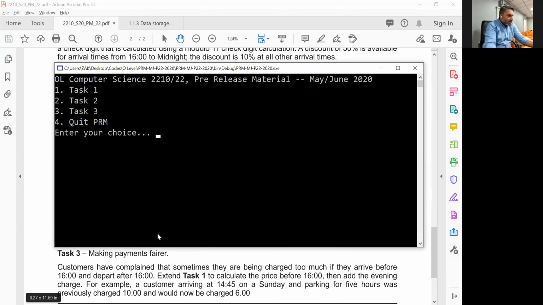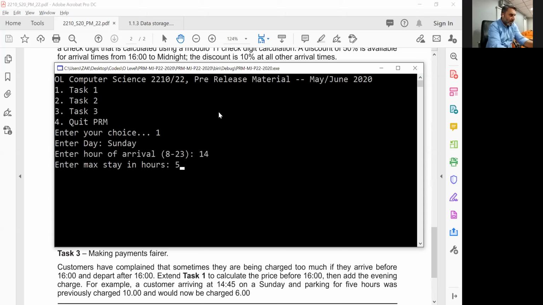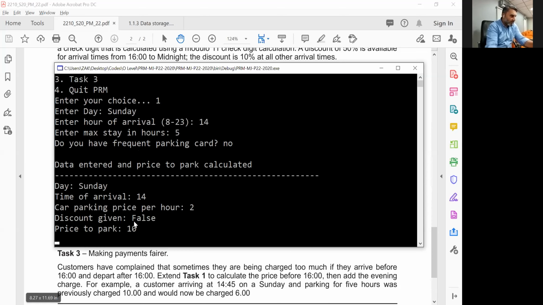So let's see for this example what happens in task 1. For example, a customer arriving at 1445, which means we are entering 1400 on a Sunday, and parking for 5 hours was previously charged 10. Let's see if it is being charged 10 in task 1. It is Sunday. Hour of arrival is 14. Stayed for 5 hours. So they are being charged. Yes, it is true.